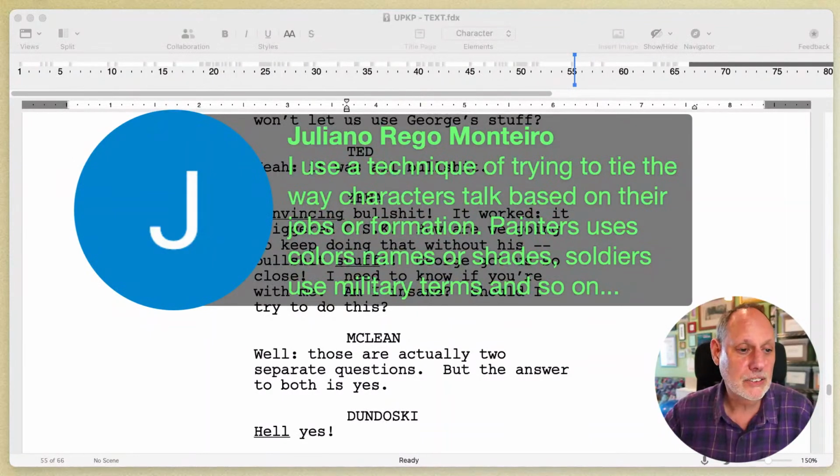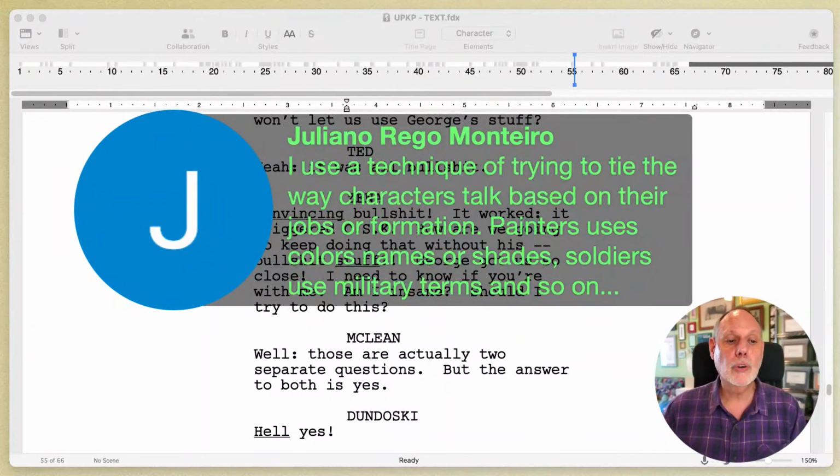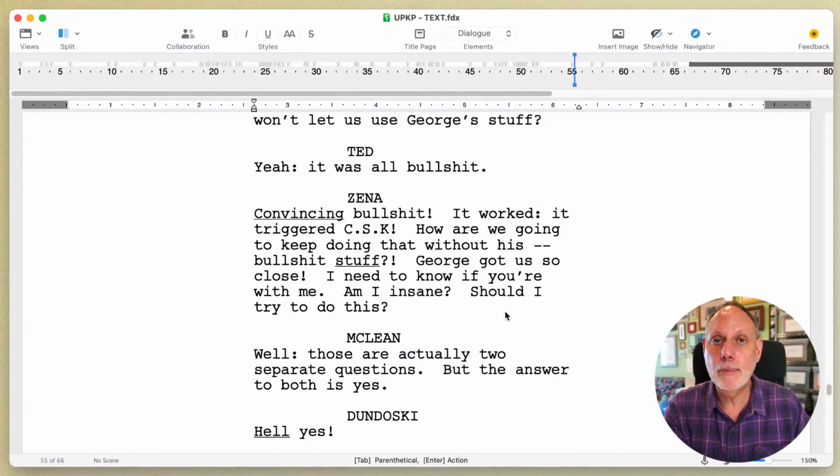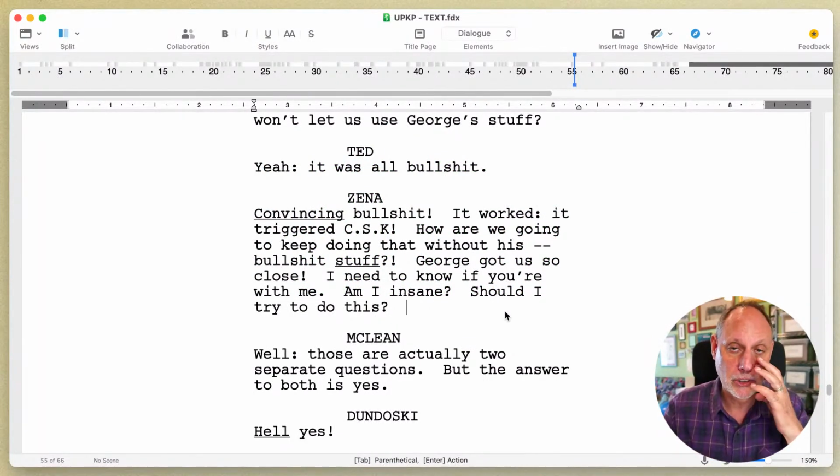Huh, yeah, that's true. Absolutely. People do talk differently when they have different jobs, when they're from different parts of the world or different parts of the city or the country, wherever they're from. I guess what I'm saying is I think the deepest character dialogue comes from their attitude, from their philosophy, from their feelings.